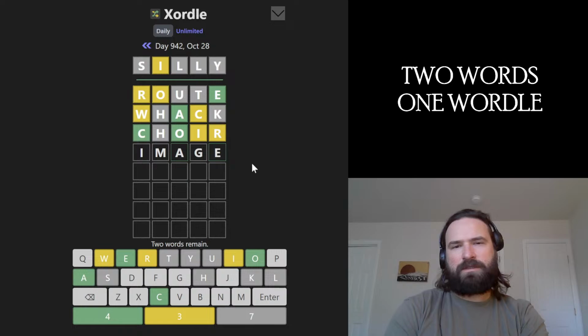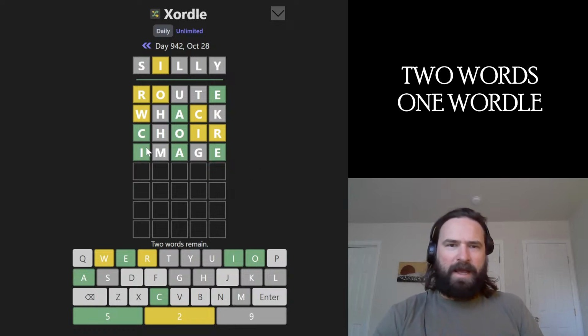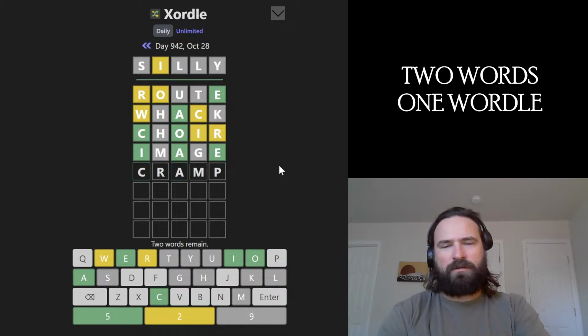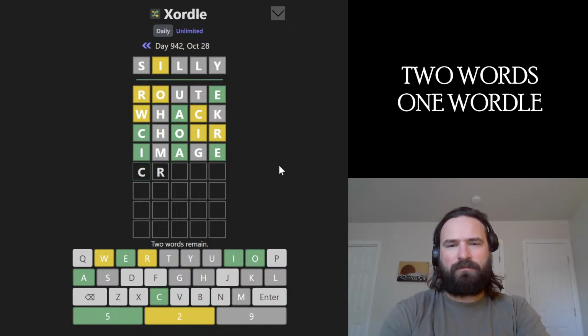Cramp fits. I think I just like image. I'm getting 2 new letters in. Okay. I had to go there. I kind of like cramp too. It just moves the R and... Oh, well, I use the M. Okay.